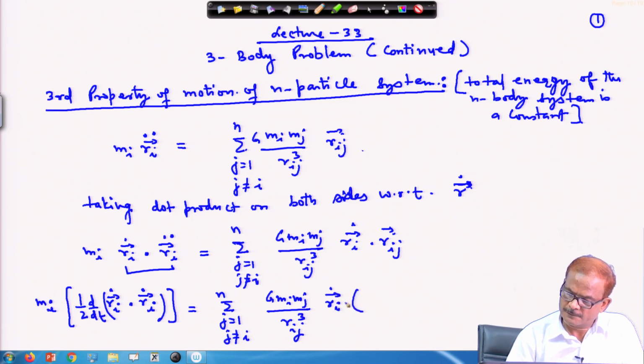This dot product with r j minus r I, we expand it.